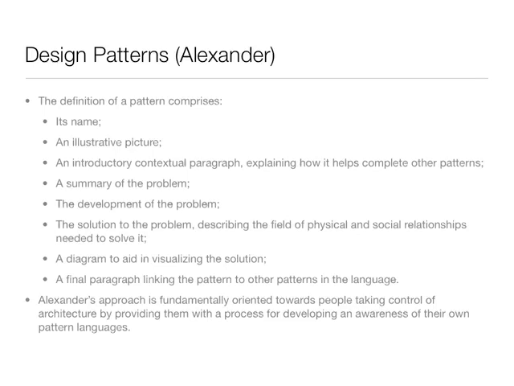In other words, what needs to stand on top of what so it doesn't topple over, but also social aspects. So how do people interact with these types of objects involved in the solution to a problem? A diagram that aids in visualizing the solution, and finally a final paragraph that says this pattern is connected with these other patterns. Okay?